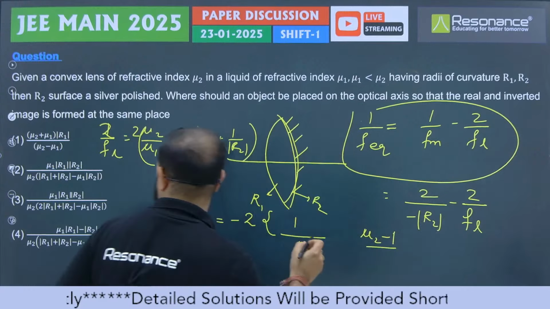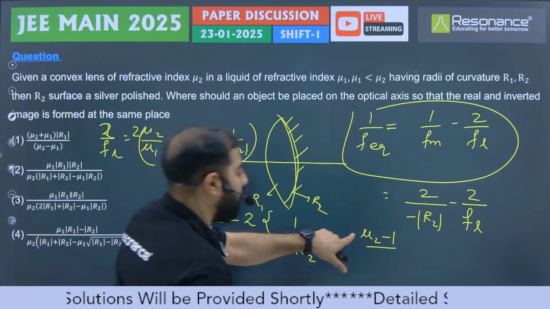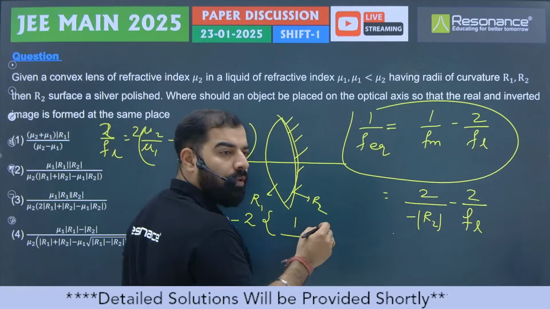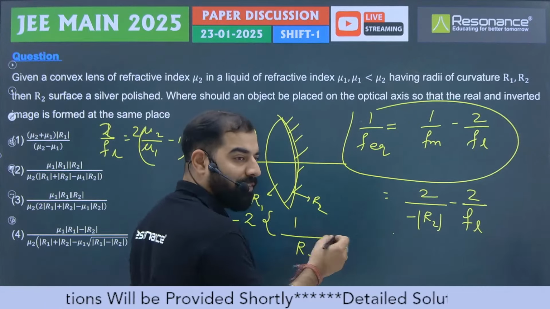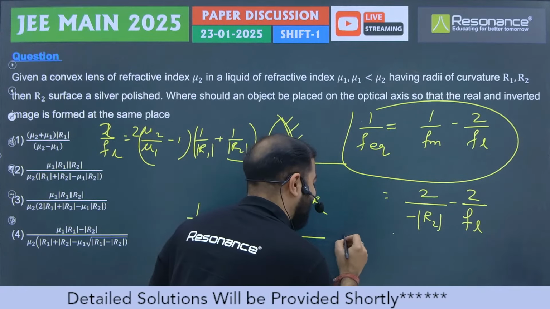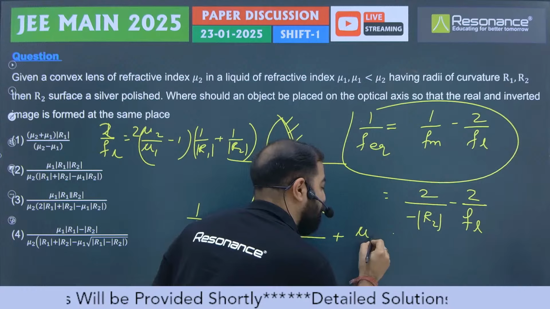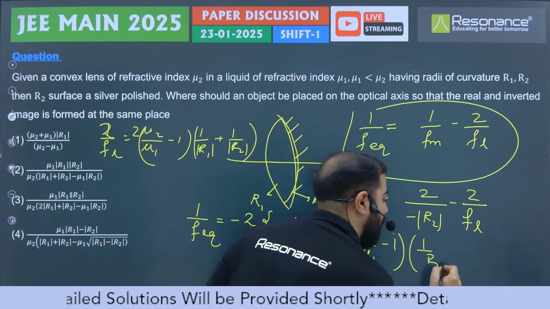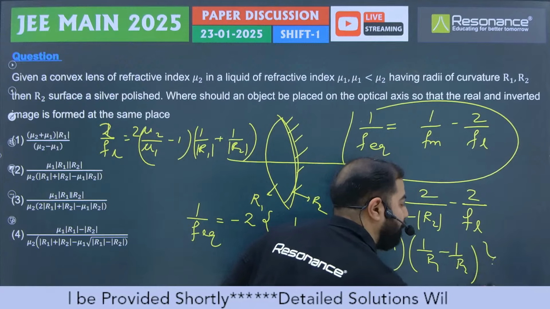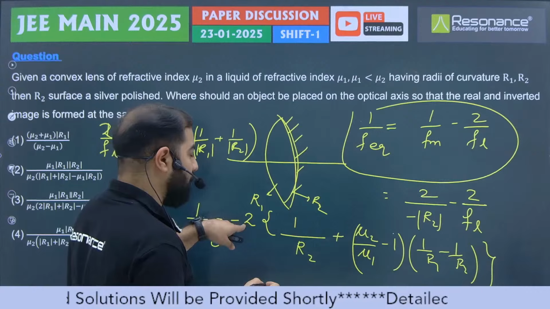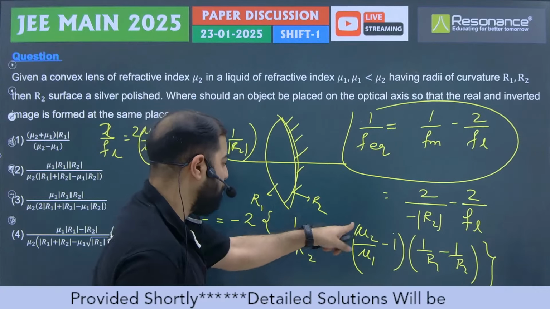So here let's work, take the LCM. Okay, so let's basically take the LCM. Plus mu2 by mu1 minus 1 by R1 minus 1 by R2. We can see this minus 2 is taken common, and 1 by R2, mu2 by mu1.